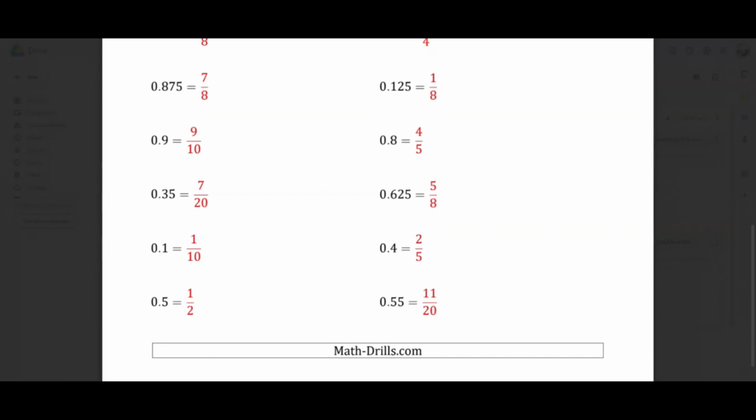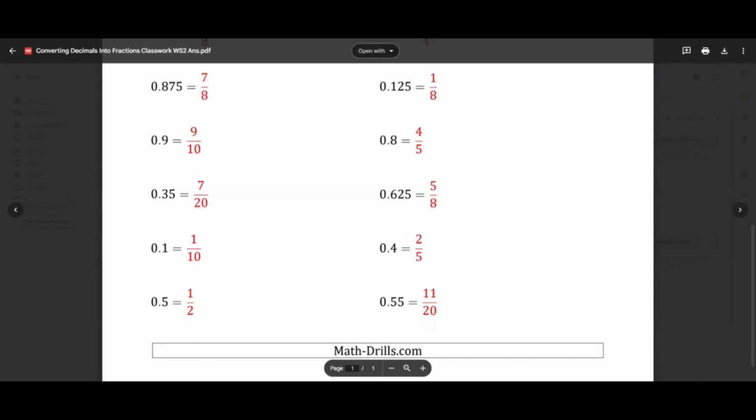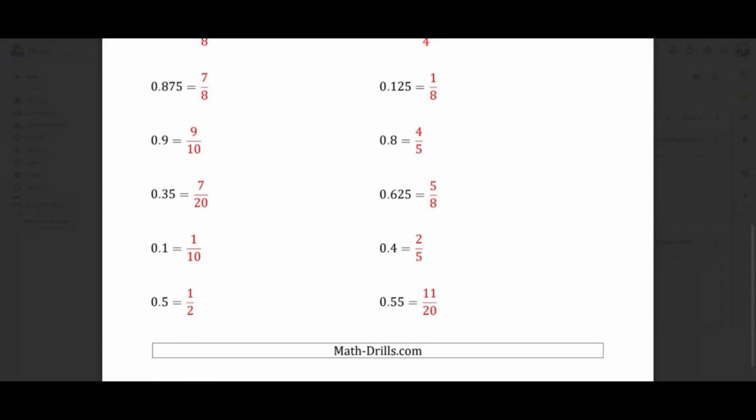Any questions about any of those? You got 1/5 for the last one. Let's look at the last one. 0.5 would be 5/10. 5 goes into 5 once. 5 goes into 10 twice.